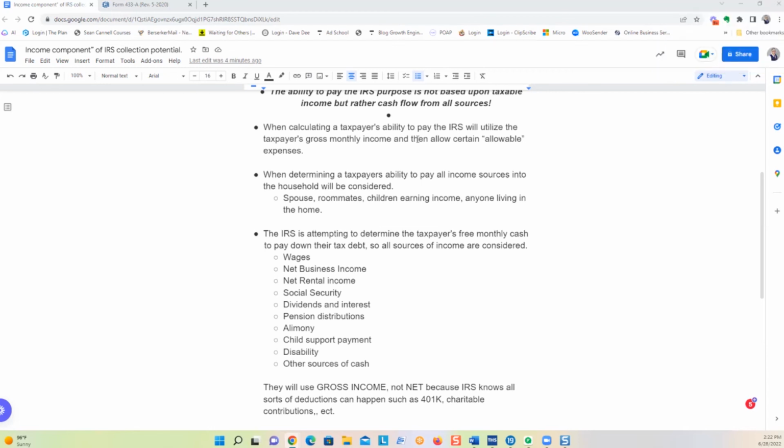But what if he didn't move in because of a divorce? What if he moved in to take care of his parents because one of them was sick or elderly? Same thing. They're going to want to know if they earn income. Do the parents have Social Security income?